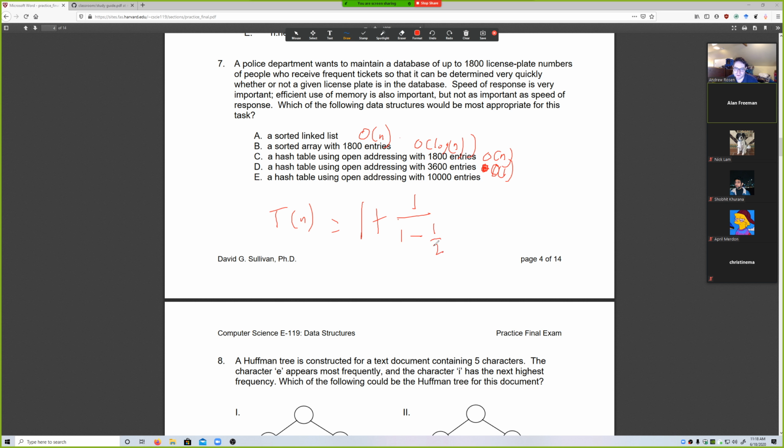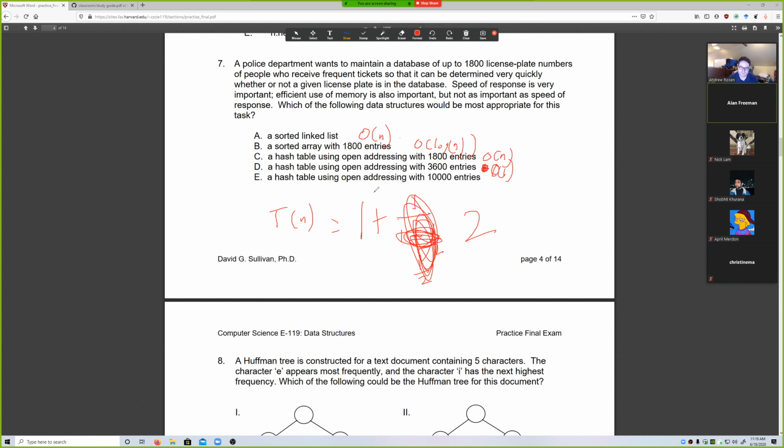Half filled up means this becomes 1 over 1/2, which is 2. So it takes 3 expected lookups, or 2 expected collisions, I think. I think that's the formula. No, that looks right.